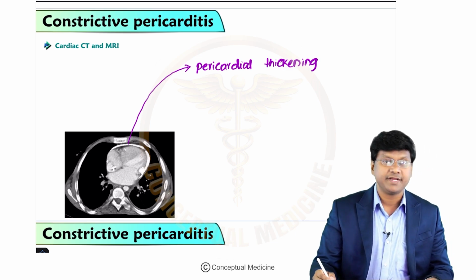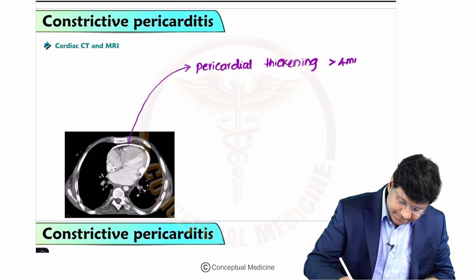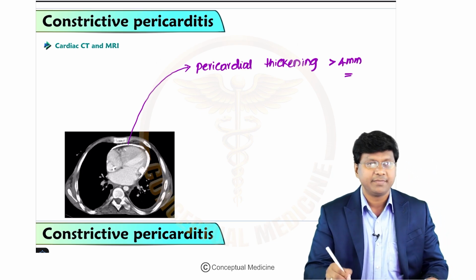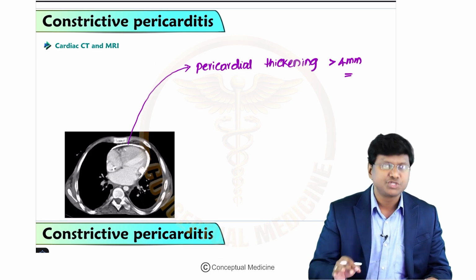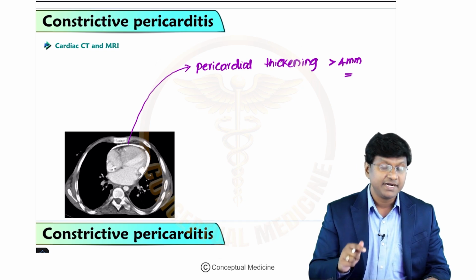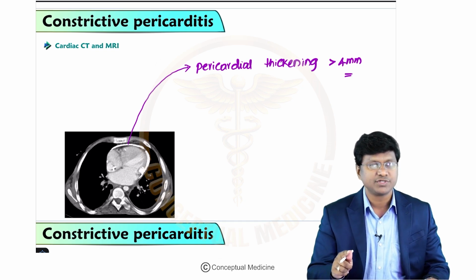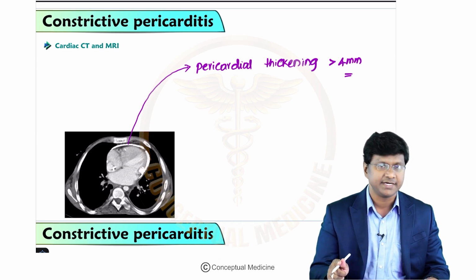And how much will be that pericardial thickening? That pericardial thickening will be more than 4 mm. Pericardial thickening of more than 4 mm must be present to establish the diagnosis. But no pericardial thickening is demonstrable in 20 to 25% of patients with constrictive pericarditis.